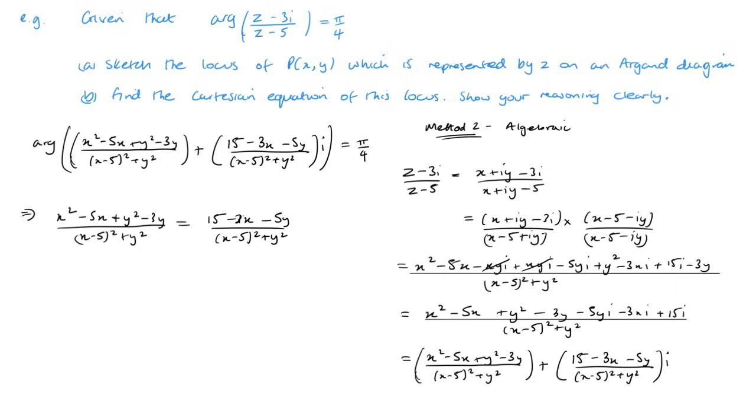And I obviously can get rid of that i because I'm just talking about the values. Now, these two fractions have the same bottom value, the denominator, so the top, the numerators must be equal.